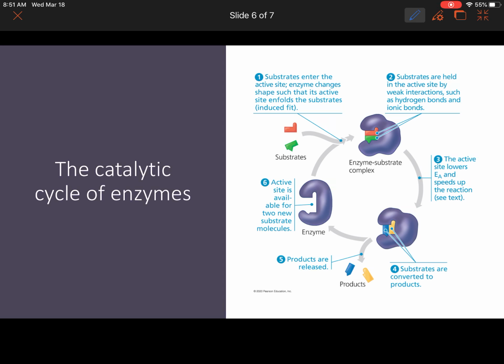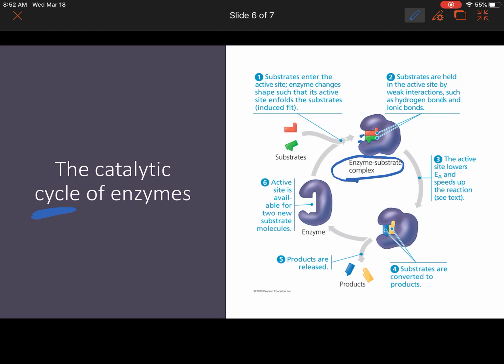All right, well, another really interesting thing about enzymes as catalysts is that they're not used up by the reaction, okay? So the catalytic cycle of enzymes, notice the word cycle, okay? If we look at this figure, we have an enzyme that is binding its substrates, okay? When that happens, that's called the enzyme substrate complex. That's when induced fit is going to happen.